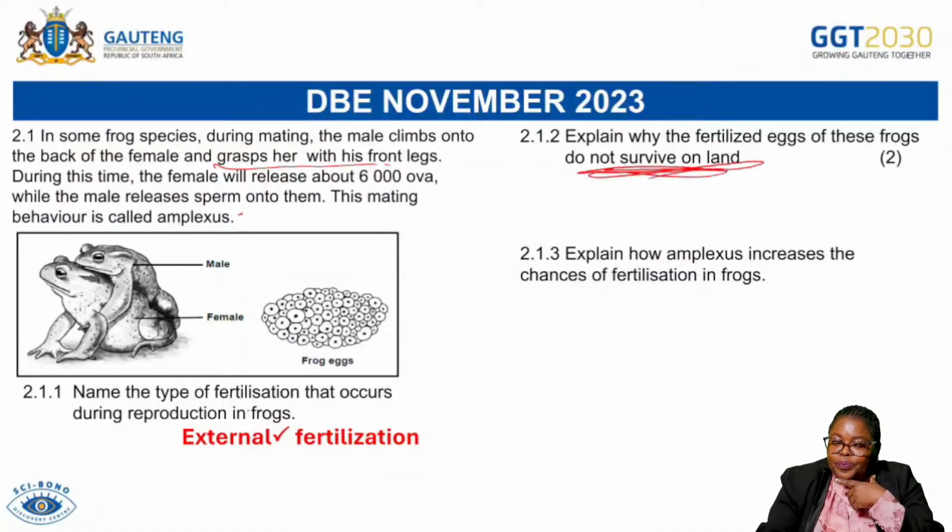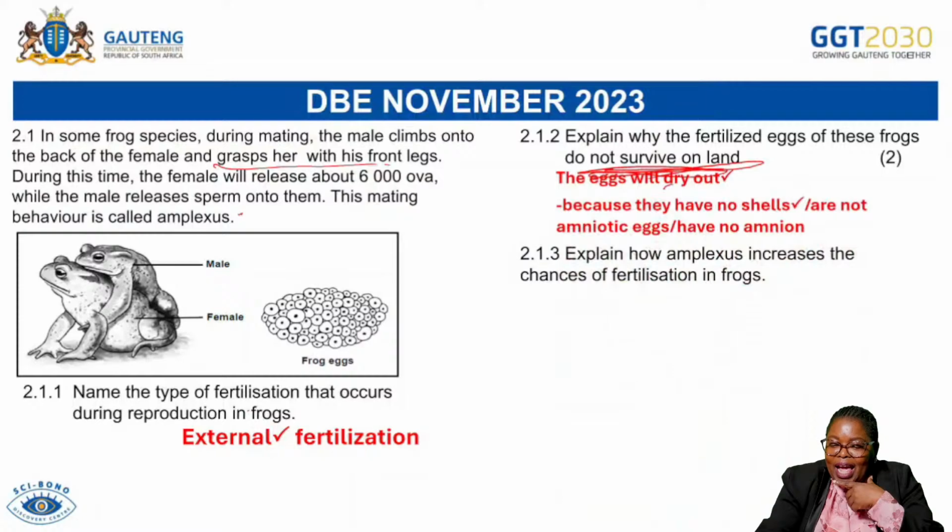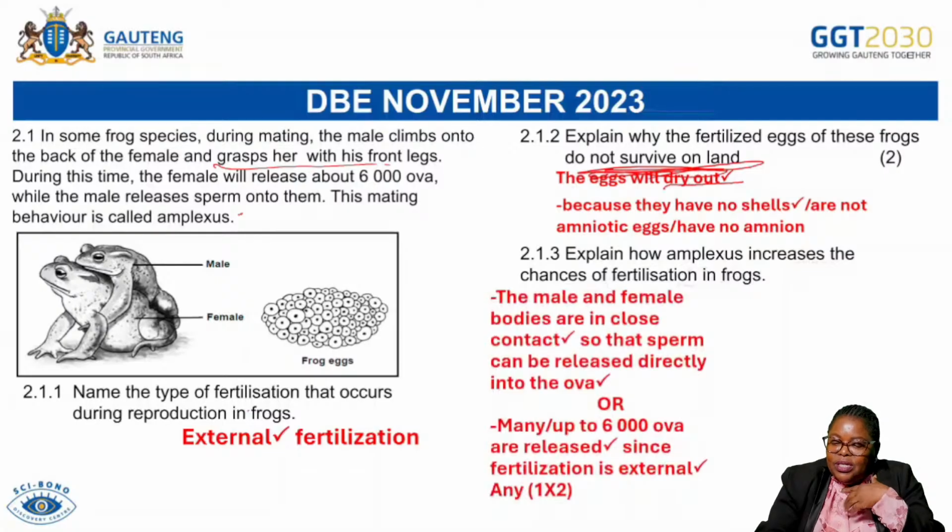All right. The eggs will dry out because they are on land, because they have no shells, and they are not amniotic eggs, and they have no amnion to protect them. Right? Then: explain how amplexus increases the chances of fertilization in frogs. Remember, with your explanation, show the cause and show the effect.